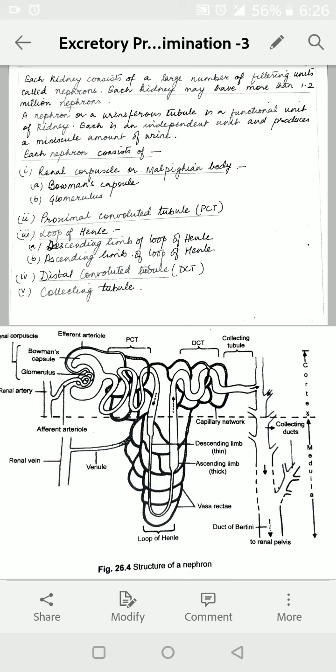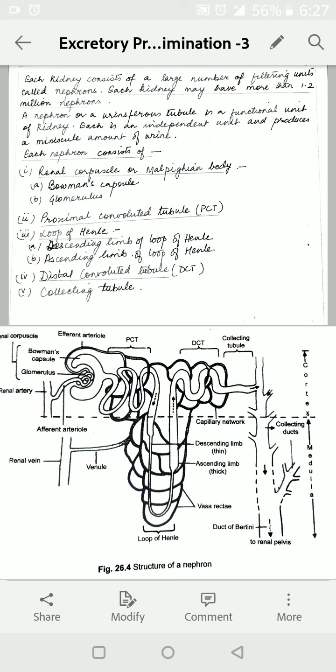To begin with, renal corpuscle or Malpighian body, as I told you, is composed of the Bowman's capsule. Bowman's capsule is a cup-shaped hollow structure which is lined internally by 2 epithelial layers, and in the hollow of the cup it encloses a network of capillaries which is called the glomerulus.